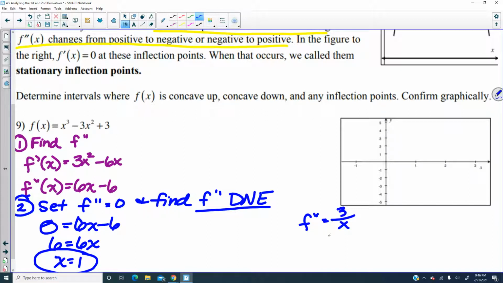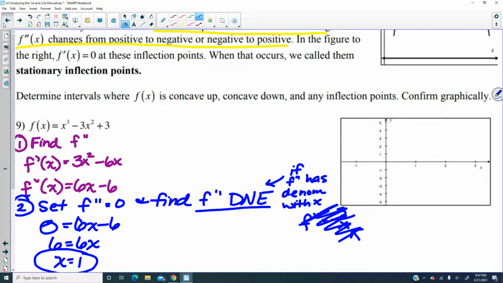So f double prime for this specific function would not exist whenever the denominator would equal 0. So this part you have to worry about if f double prime has a denominator with x. But that's not the case here, so we don't have to worry about that.